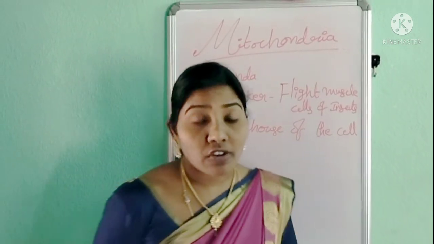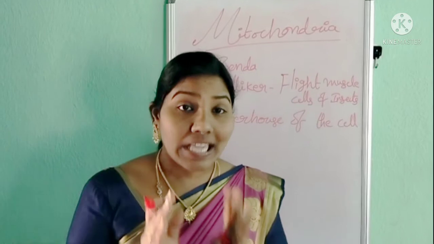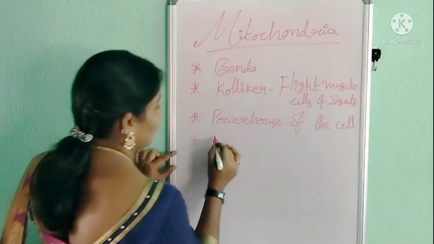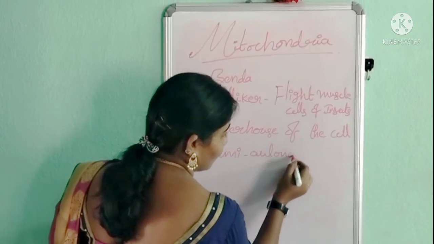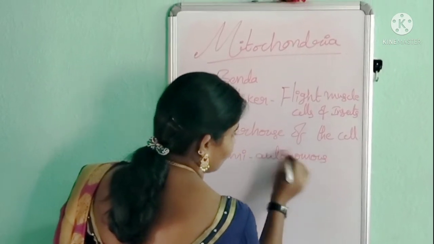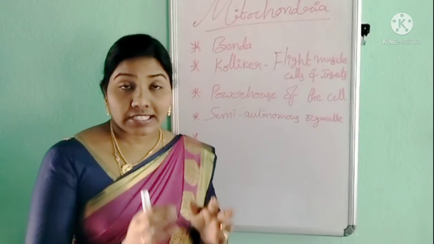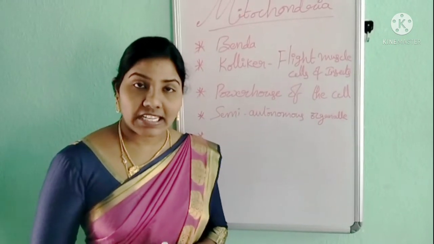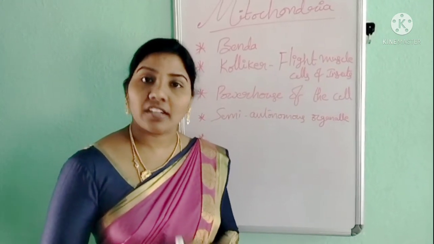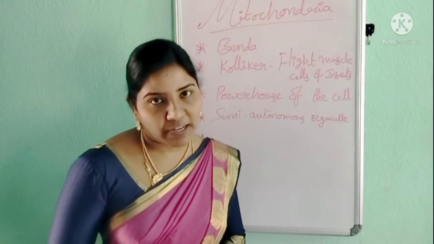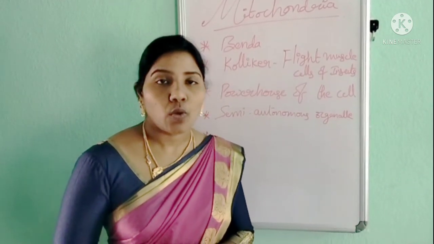The mitochondria are also called a semi-autonomous organelle. Semi-autonomous organelle means the cell organelle is able to perform certain activities on its own. For example, replication. The mitochondria replicate on their own.